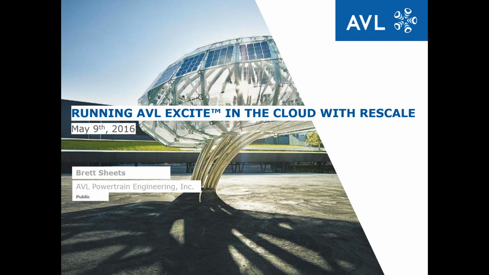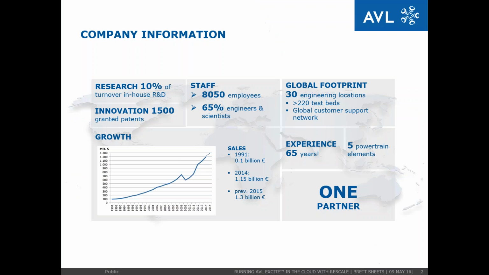All right, thank you. My name is Brett Sheets. I'm located in Plymouth, Michigan. I'm going to show a little bit about the AVL background to give you an idea. We're a 65-year-old company that's focusing mainly on powertrains, a global company that's doing about $1 billion in sales globally.